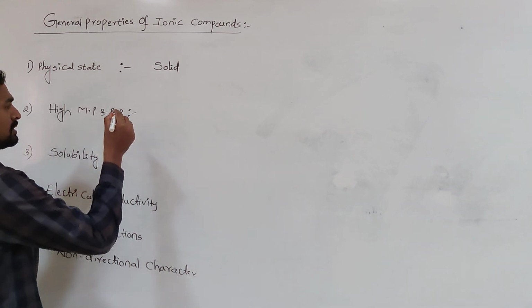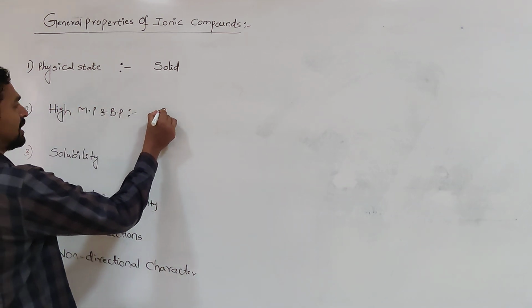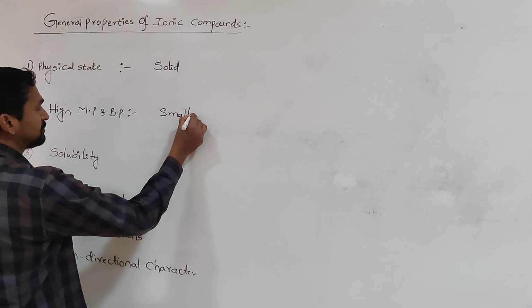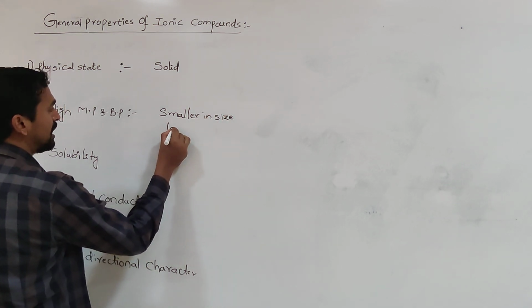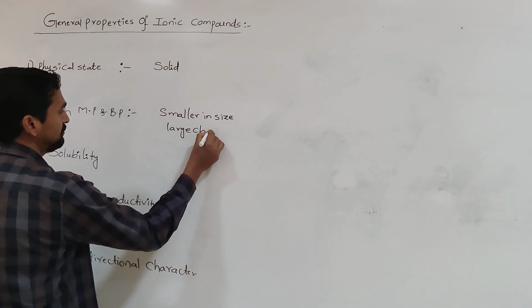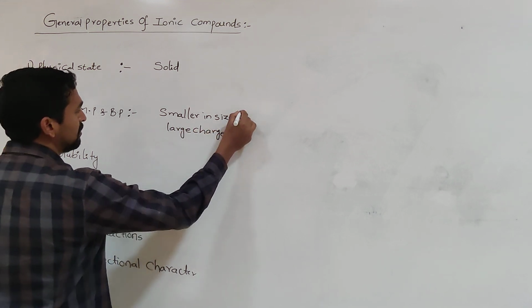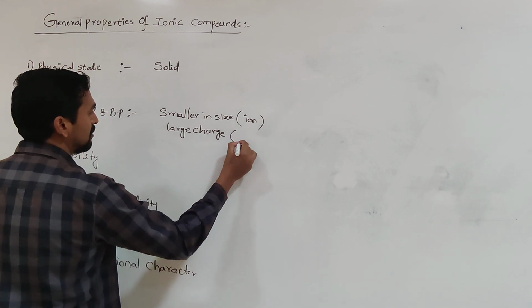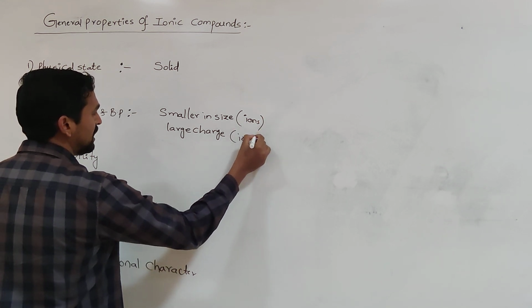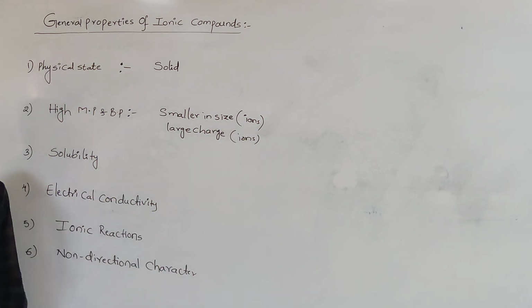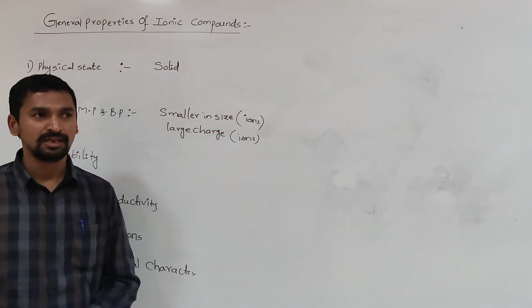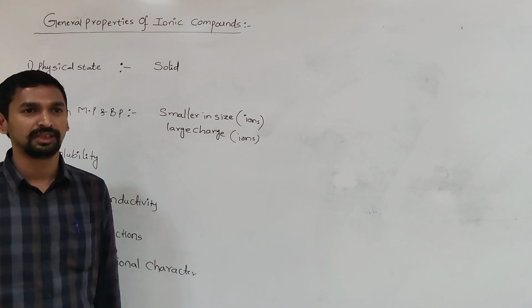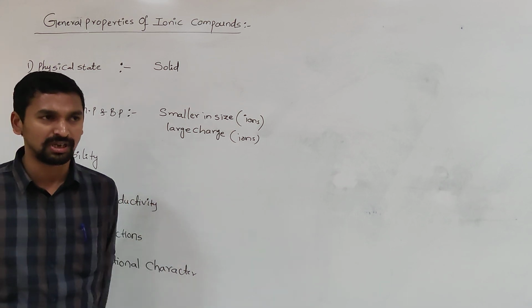Generally, ionic compounds whose ions are smaller in size and have large charge possess high melting and boiling points. Why? Because if the ions are smaller in size, they are very closely packed together, so they require more energy.